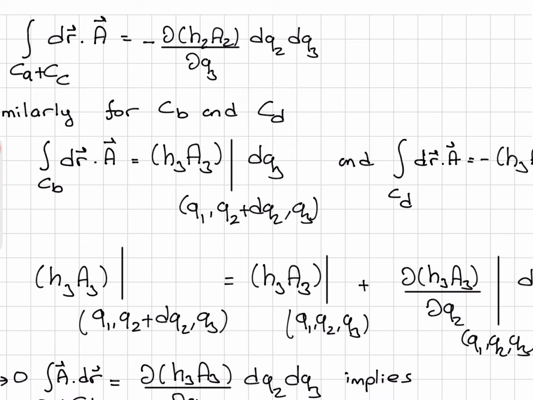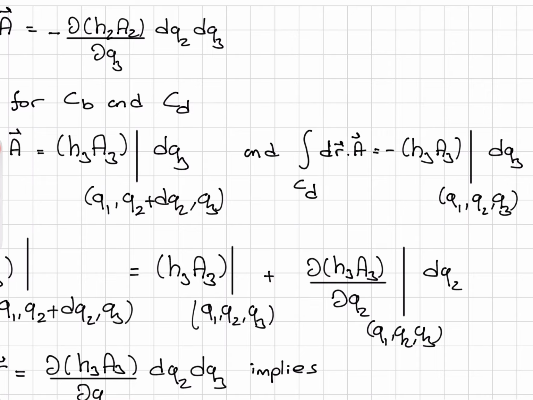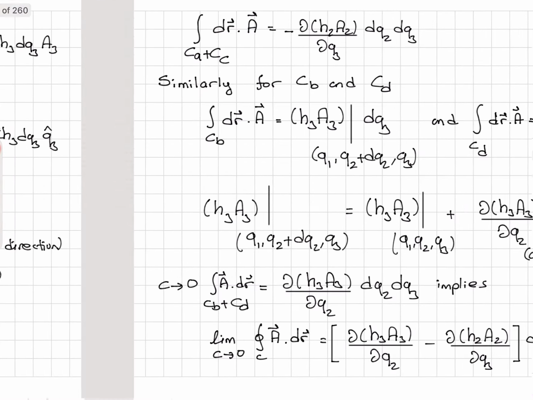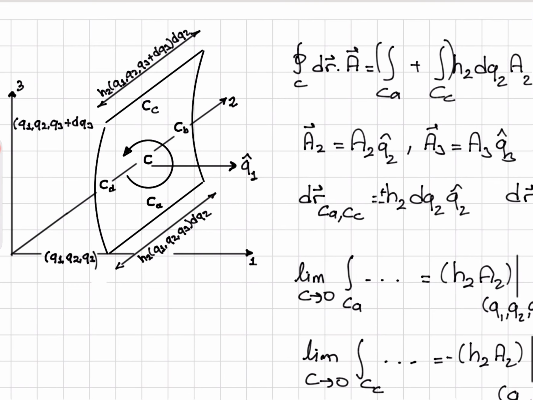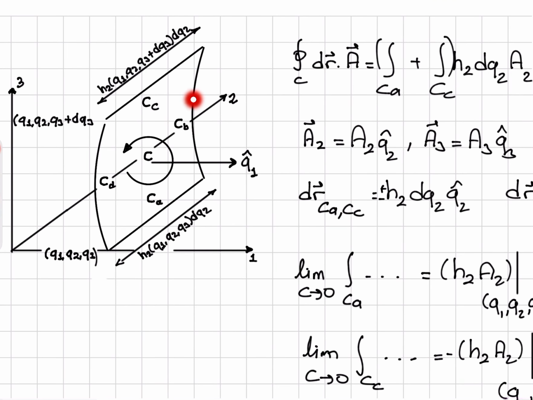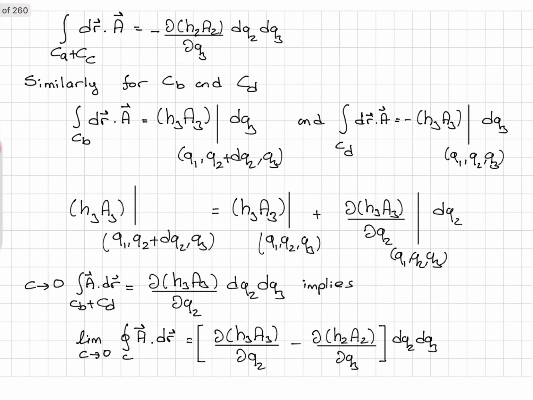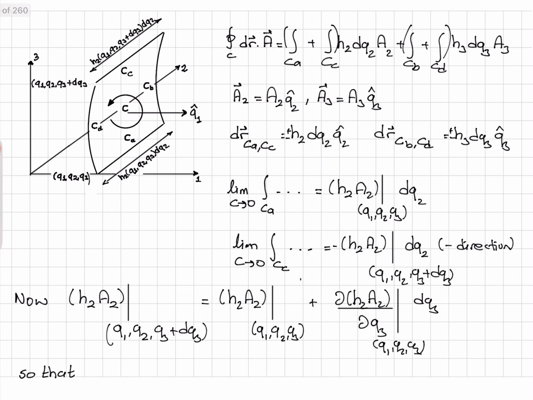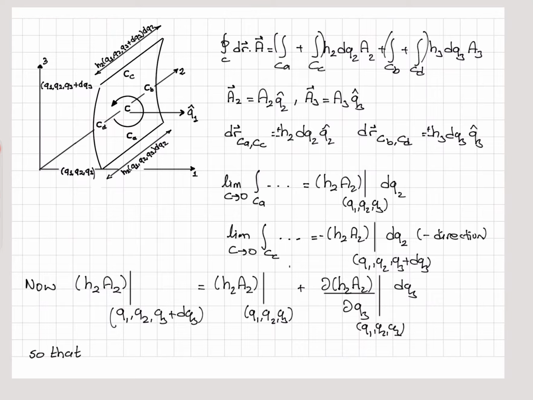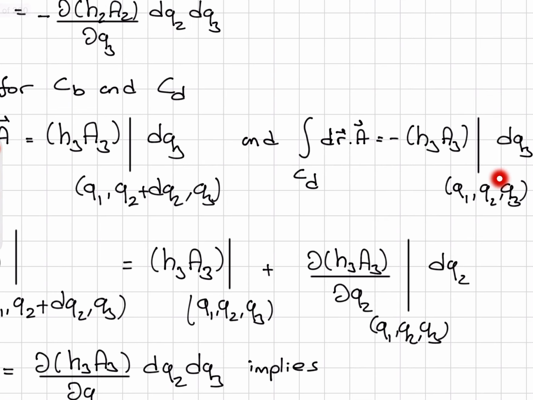So for CB, it's h3 A3 dq3, and for CD, it's minus h3 A3 dq3 evaluated at q1, q2, q3. Along CB, I'm at q2 plus dq2 because I moved on the two axes, and here it is at q2.